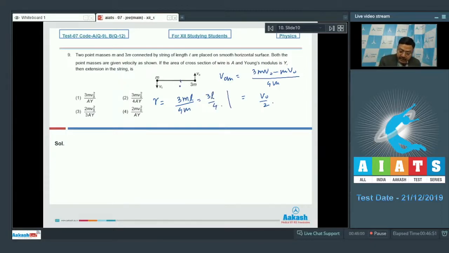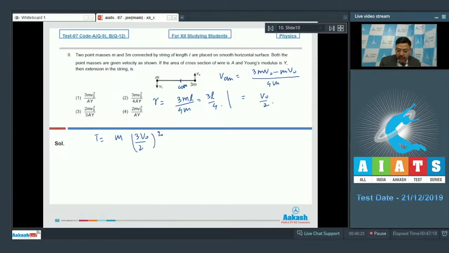Now, in the center of mass frame, both particles are performing circular motion, and so we can apply tension T is equal to M v squared by R. Its speed with respect to center of mass will be v0 plus v0 by 2, so that means 3v0 by 2.